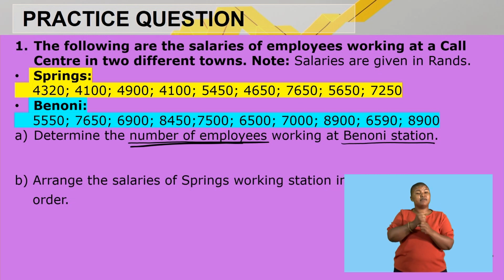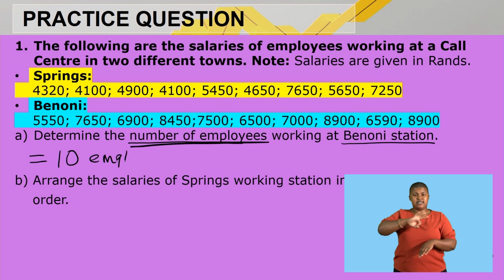So how many employees are working at Benoni station? You need to count the number of salaries given to you: 1, 2, 3, 4, 5, 6, 7, 8, 9, 10. It means now at Benoni working station they have 10 employees. That is your answer for number A.